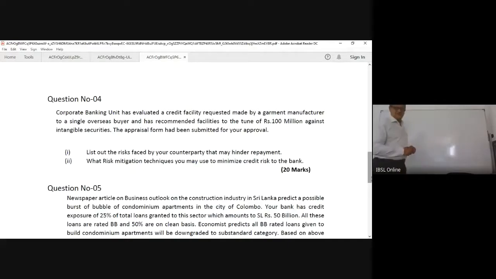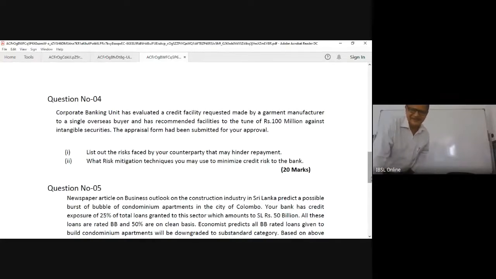So question number 4 is once again about credit risk. Outline the risks faced by the counterparty that may hinder repayment.